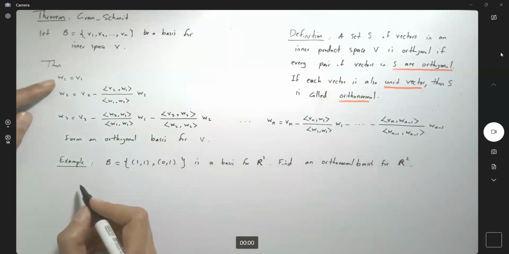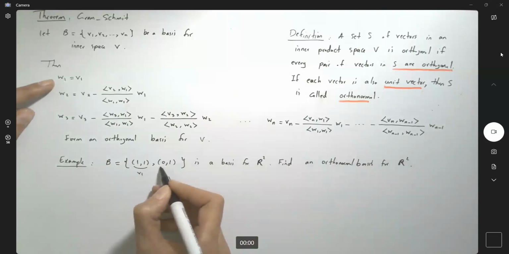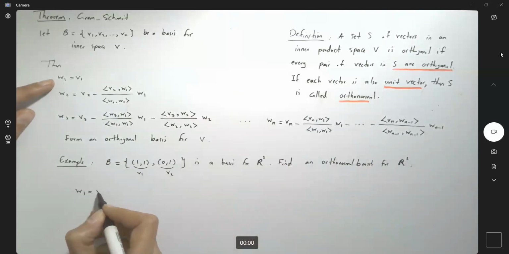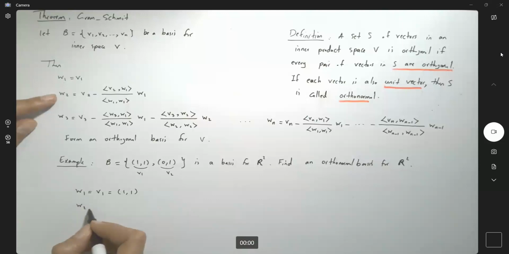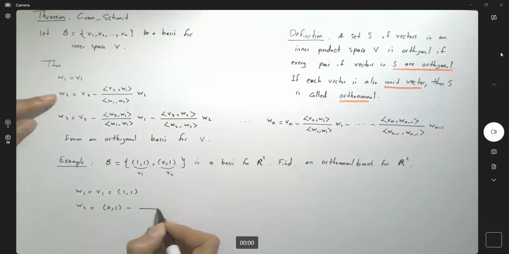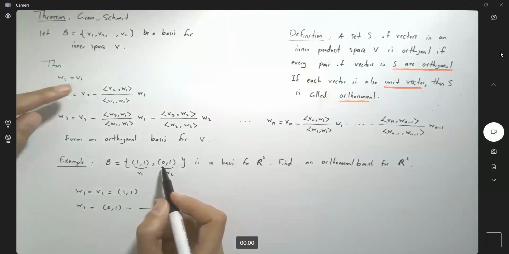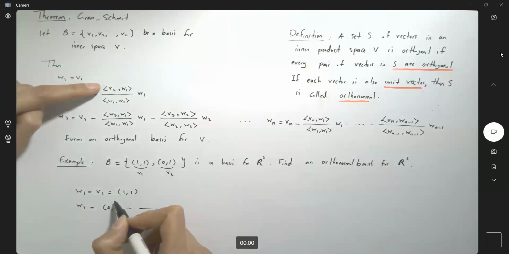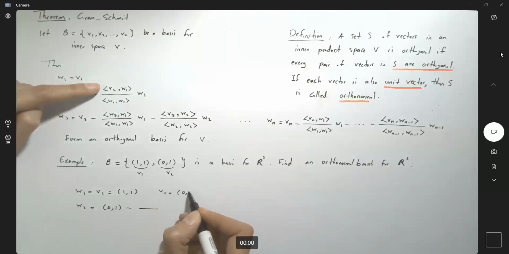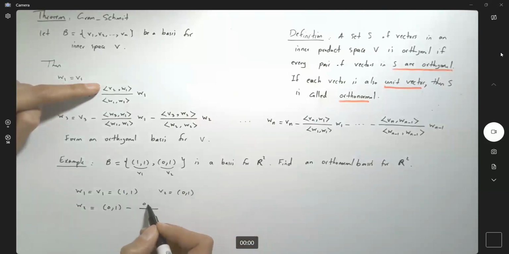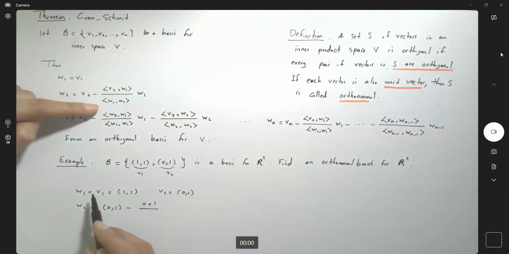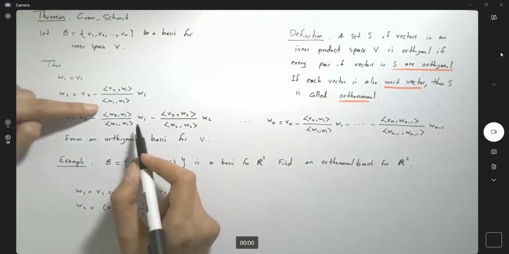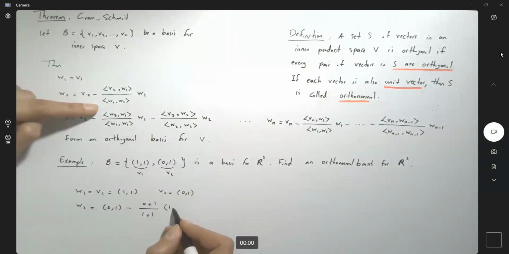steps. So W1 and V1 are the same thing. Suppose this is V1 and this is V2. Vector (1, 1). Then W2 is going to be V2, which is (0, 1), minus the dot product between V2 and W1 over W1 dot W1, times W1, which is your vector V1.